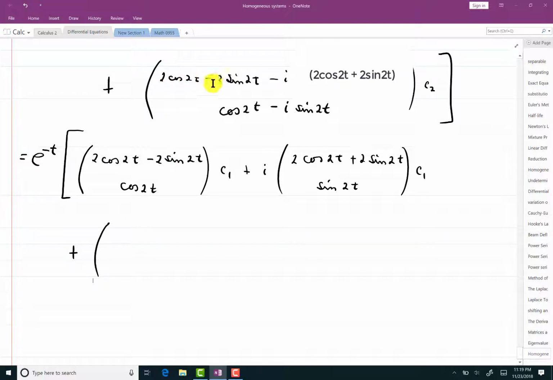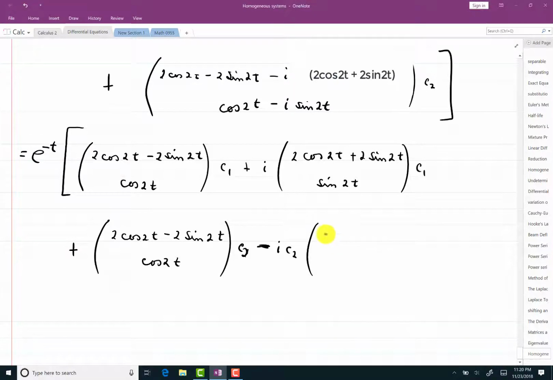Here the real parts are 2 cosine of 2t minus 2 sine of 2t, and cosine of 2t, plus 2 cosine of 2t plus 2 sine of 2t, and I'll have sine of 2t.